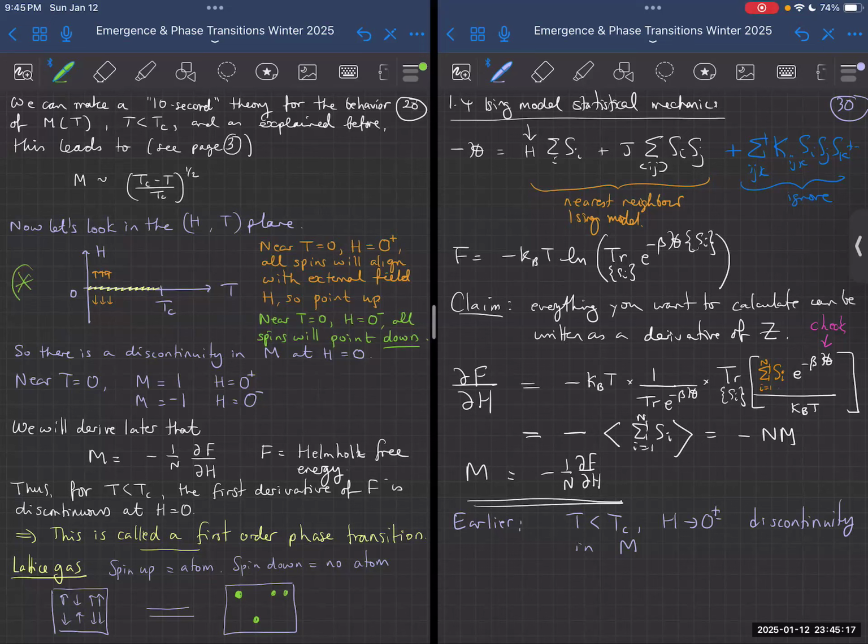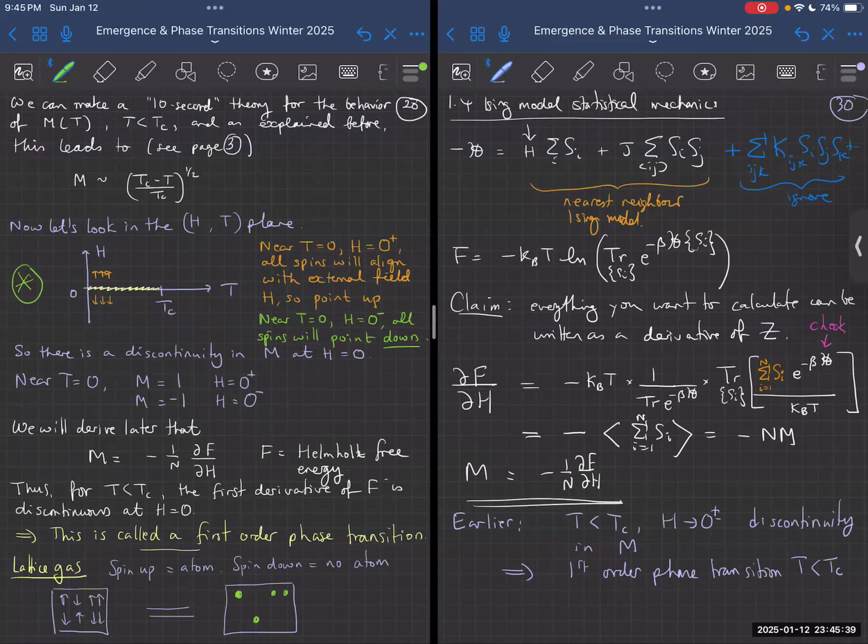Here's the discontinuity. So that means that there is a first order phase transition for T less than Tc.